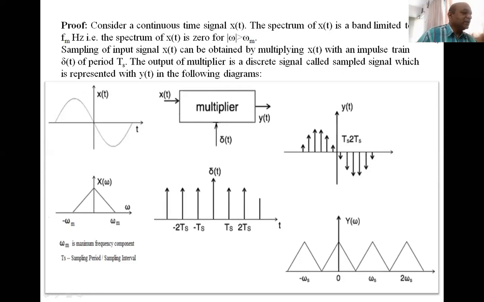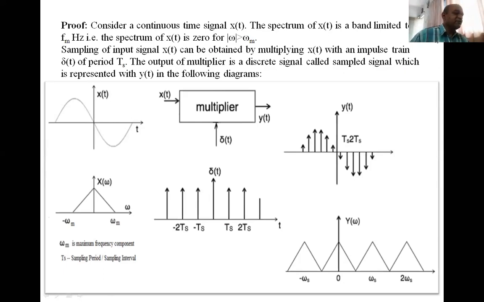In this waveform we are having different impulses, and the area or weight of the impulse is equal to the instantaneous value of the signal. For example, if you talk about the impulse present at Ts, then the impulse will have weight or strength equal to the instantaneous value of x of t.